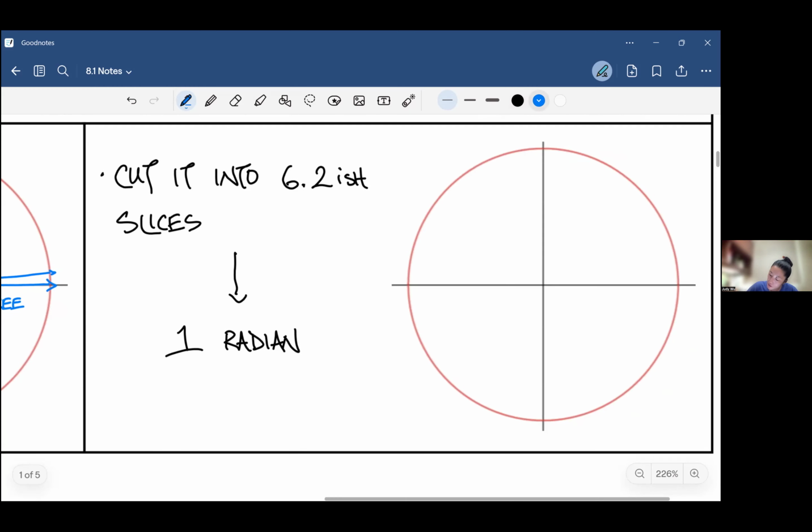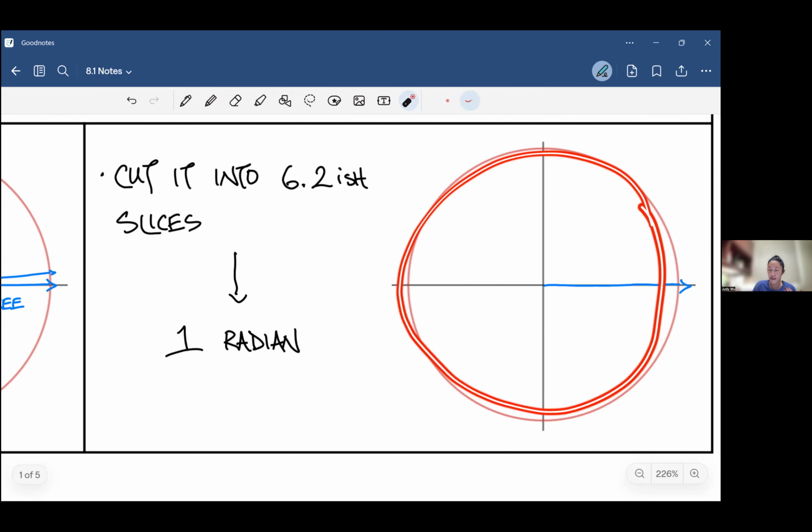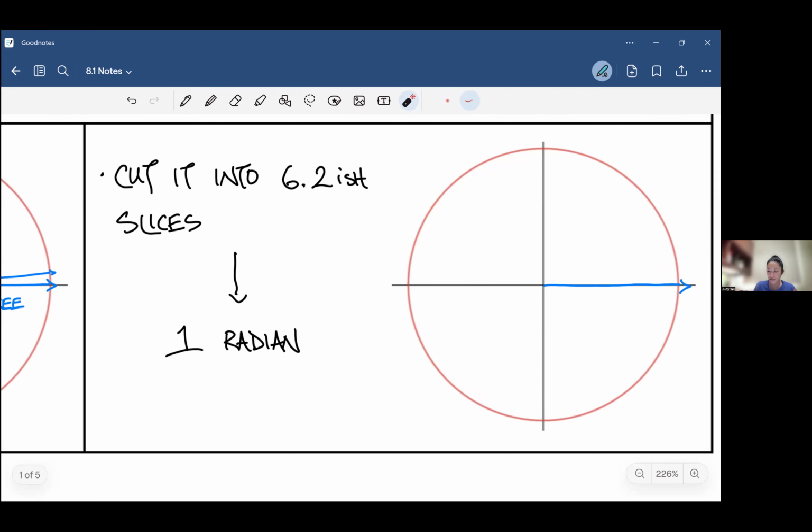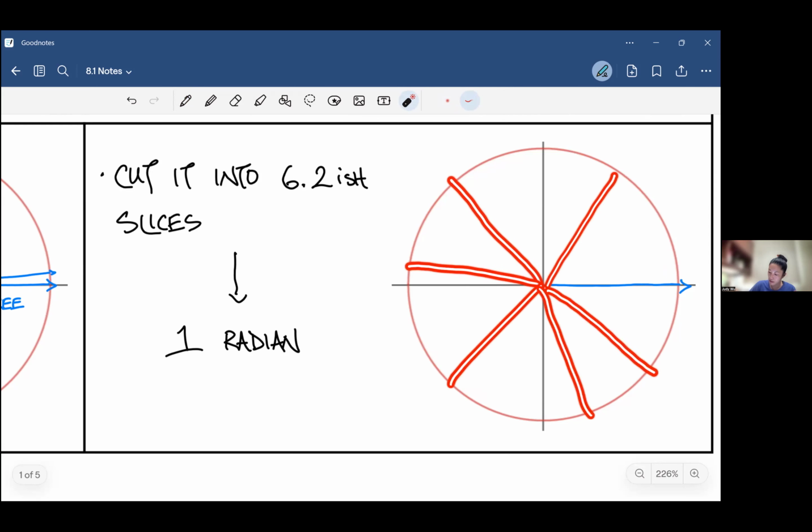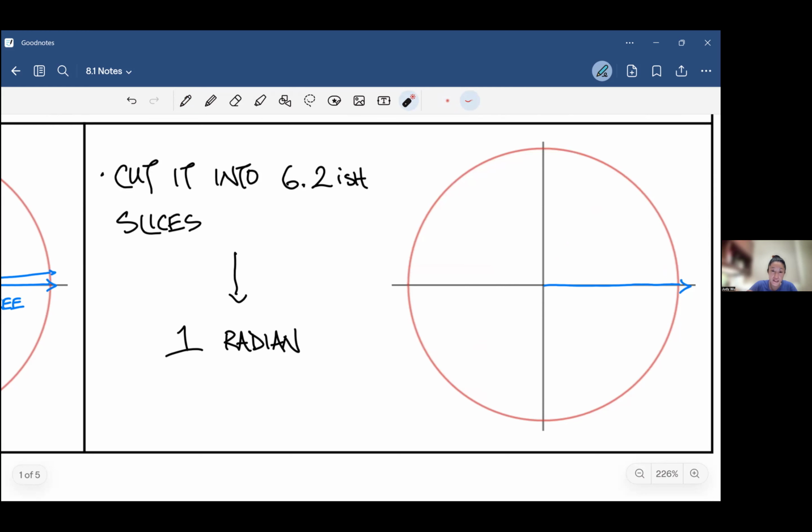And so if I draw a picture here, let's start in the same place we started the first one. So that's where our starting ray is. And if I want to cut this whole space into 6 and a little bit of slices, I really want to have something kind of like this. Okay? And so each slice you can tell is already going to be a little bit bigger. So if I draw one like this, okay, then this will measure 1 radian.